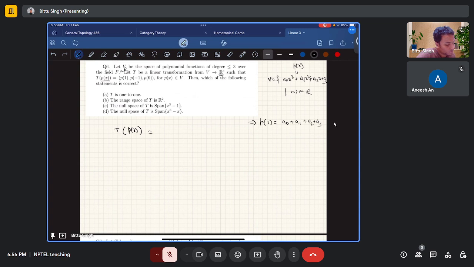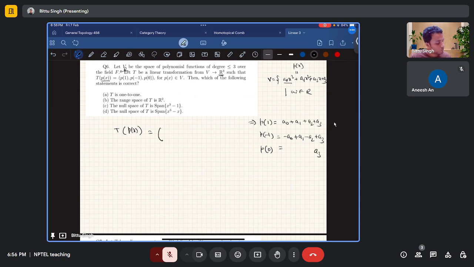Similarly, P of minus 1 is a0 times minus 1 cube, which is minus a0, a1 times minus 1 square, which is plus a1, minus a2, plus a3. P of 0: a0 times 0 cube is 0, a1 times 0 square is 0, those are 0, and we only get a3.